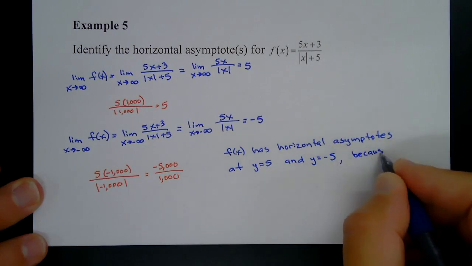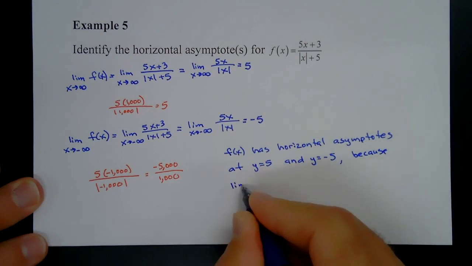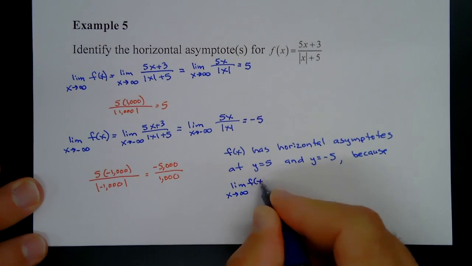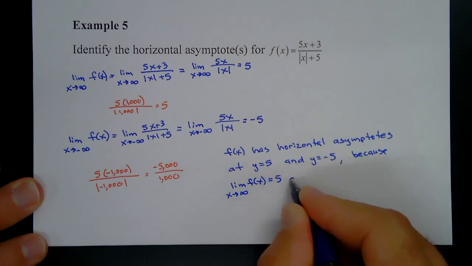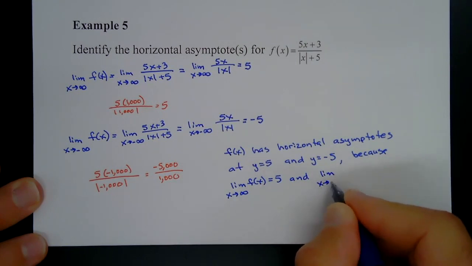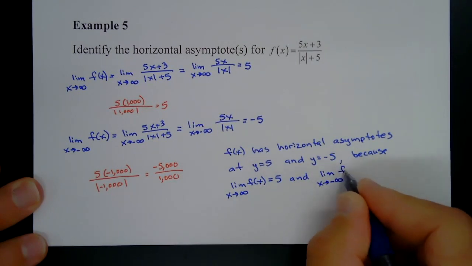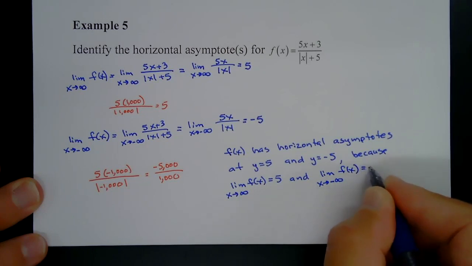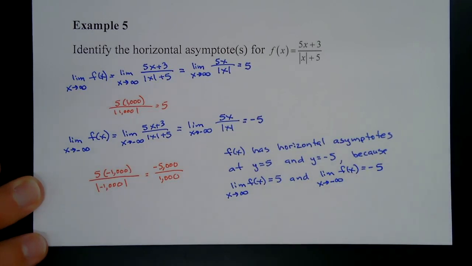So because the limit as x approaches infinity of f of x is equal to 5, and the limit as x approaches negative infinity of f of x is equal to negative 5.